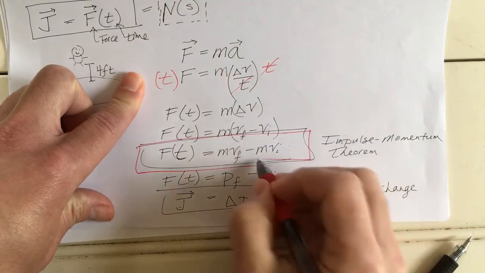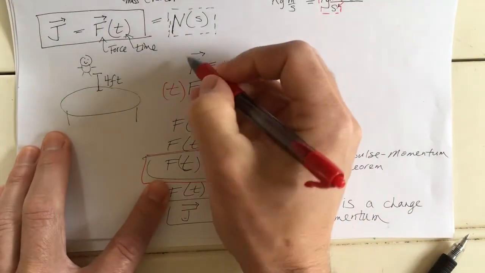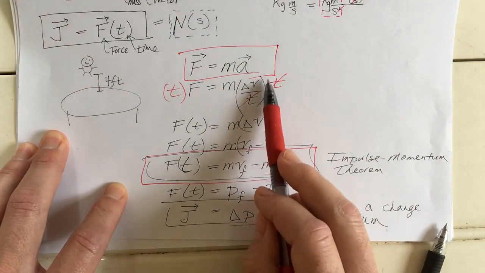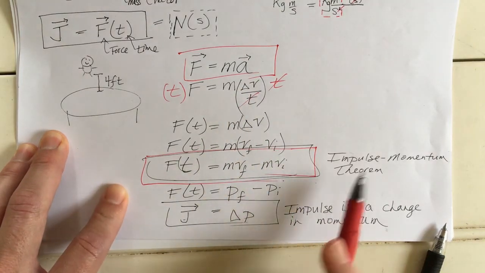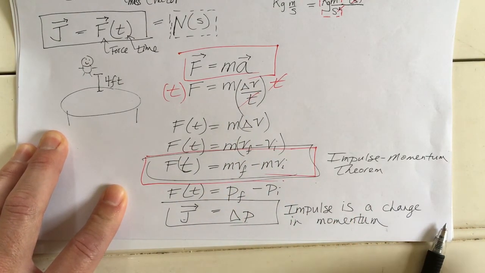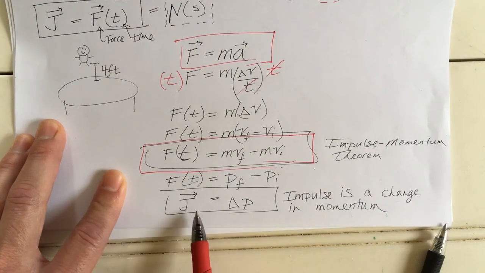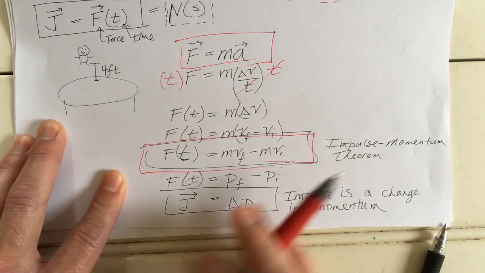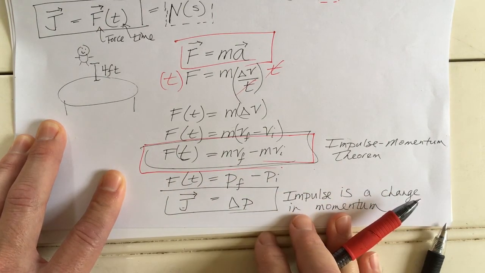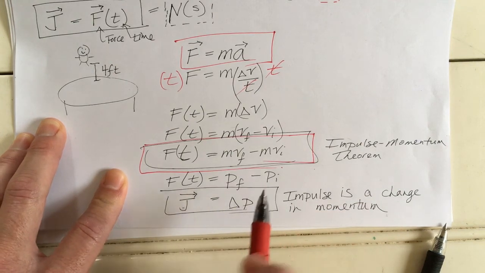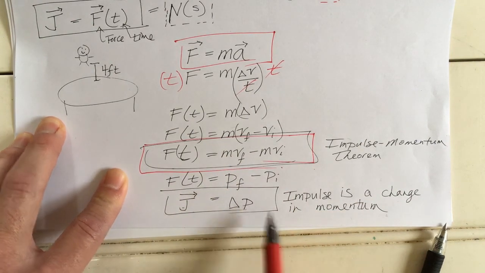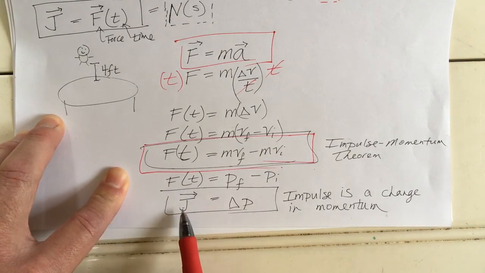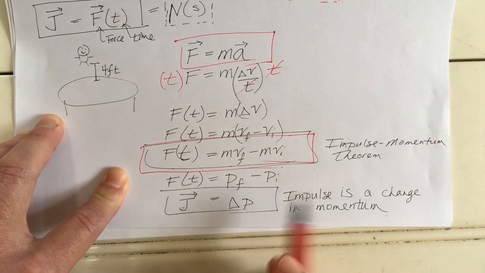No, it really isn't, because it came from Newton's second law. So here we write Newton's second law this way and call it the impulse-momentum theorem, but also realizing that what we're saying is that impulse is a change in momentum. F times t is mvf minus mvi, and that's our connection between the 2. That's what we're going to end up using quite a bit on the practice, to draw this relationship between impulse, or J, and momentum, or p.